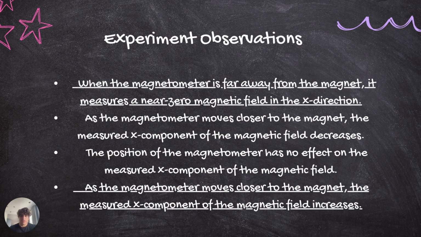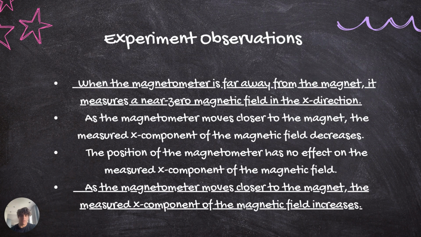For the experiment observations, the underlined statements were proven true by the experiment. When the magnetometer is far away from the magnet, it does measure a near zero magnetic field in the x direction. For the second statement, as the magnetometer moves closer to the magnet, the measured x component of the magnetic field actually increases rather than decreases.